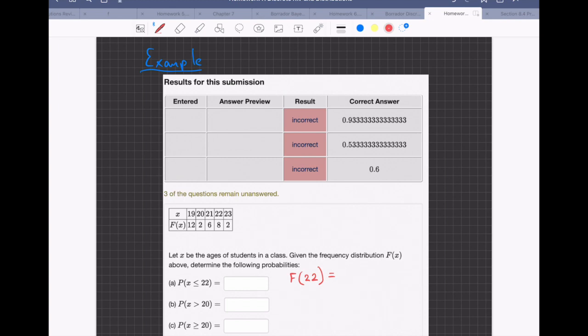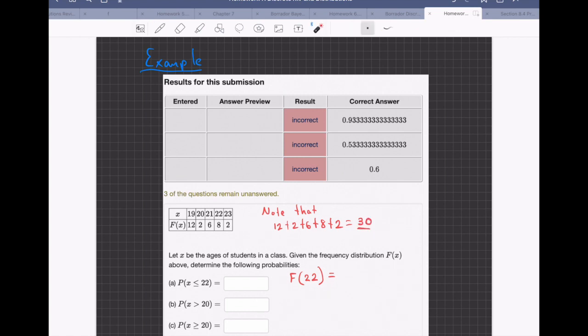Here we don't have the probabilities, right? We have the frequencies, but we're going to fix that quickly. They are not probabilities. Remember, probabilities must be between 0 and 1, and obviously these numbers are greater than 1: 12, 2, 6, 8, 2. But no problem. If you do the sum, 12 plus 2 is 14, plus 6 is 20, plus 8 plus 2 is 30.